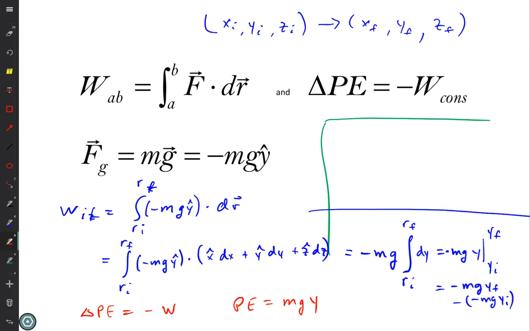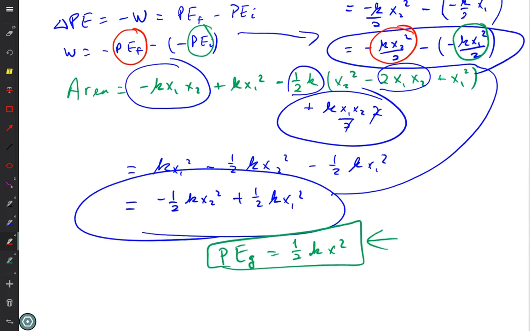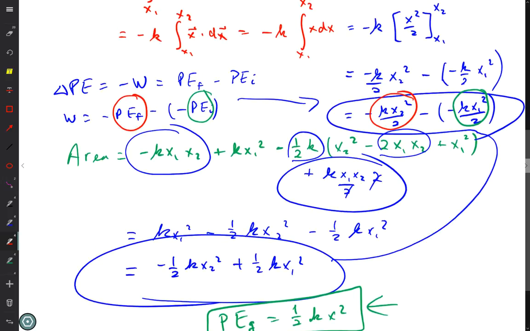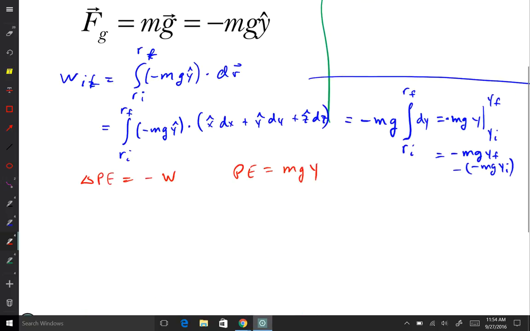Now, should there be a negative on mgy there? No, because going back to the previous one where I wrote it down, the work should be minus potential energy final minus a negative potential energy initial. So that's why I have it with the negative in parentheses, so that we see yes, it's minus and then the potential energy final. Now with potential energy due to gravity, we can freely put any offset on it.